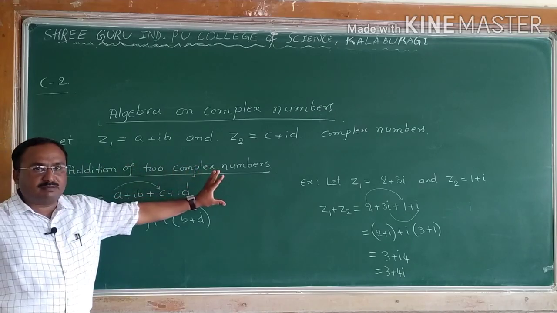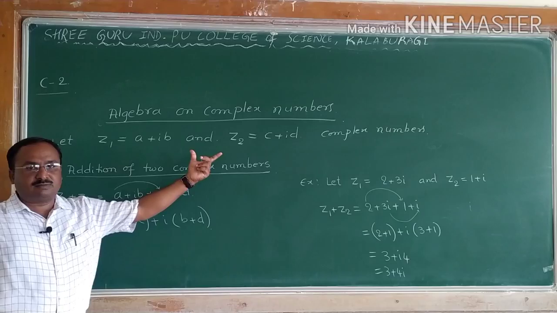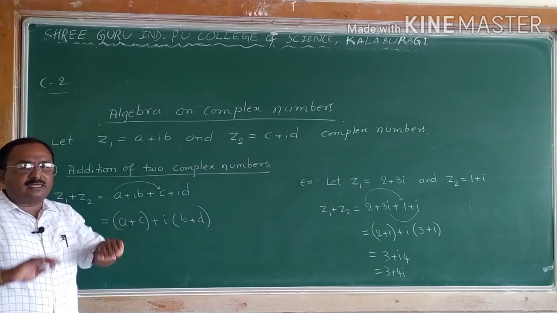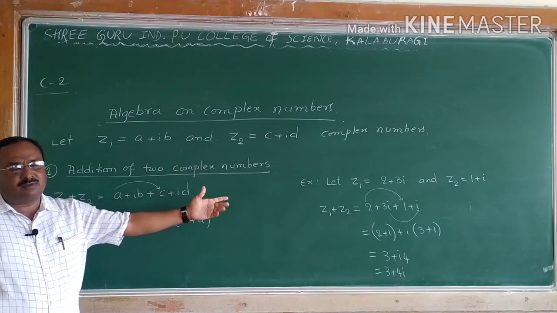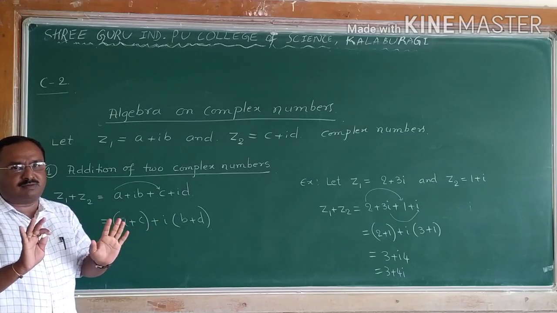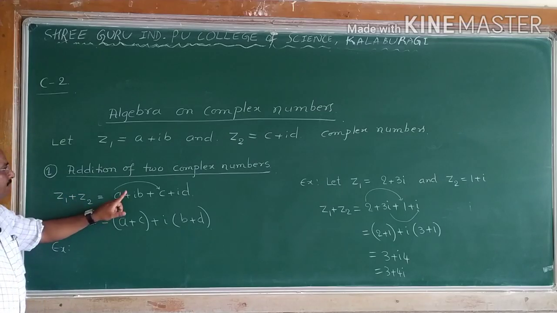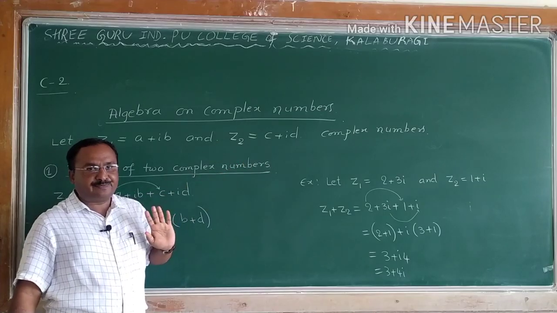Addition of two complex numbers, take any two complex numbers z1 and z2. In general you can also practice, take any two complex numbers, whatever it may be, real part, imaginary part present, that is complex numbers. Here two complex numbers in general, z1 is equal to a plus ib, z2 is equal to c plus id.